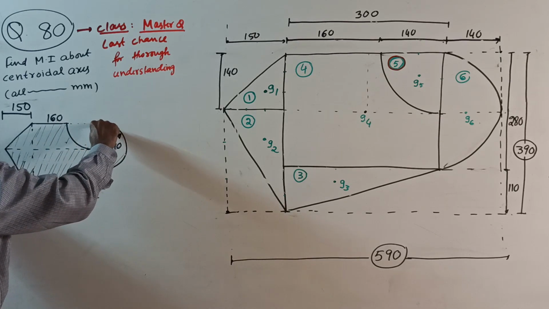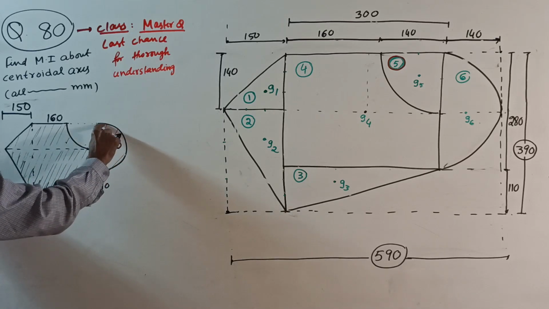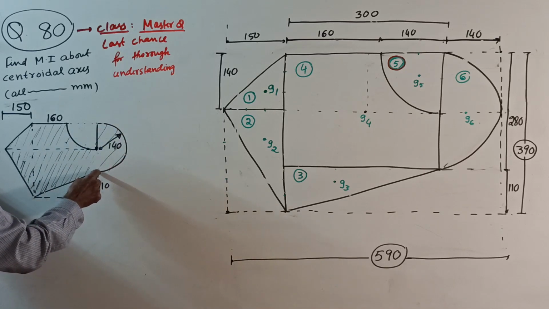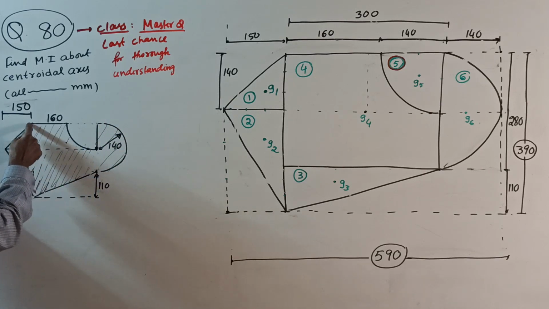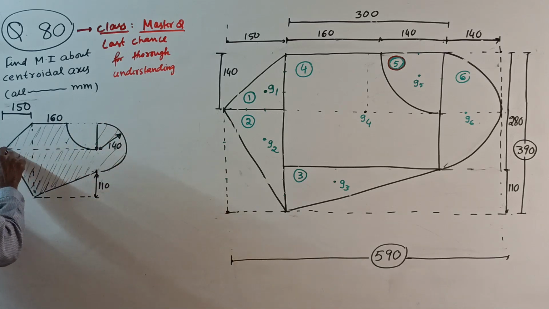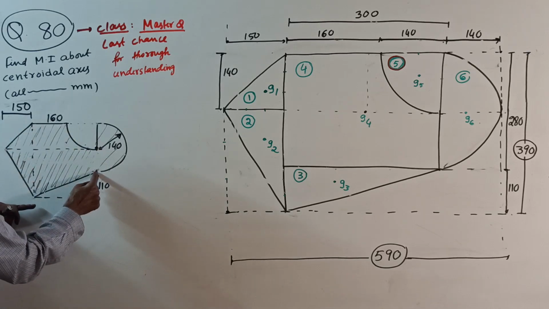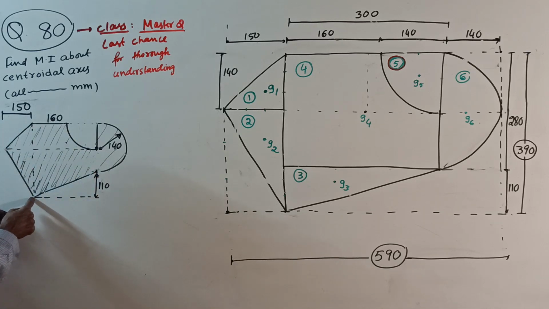The semicircle will come up somewhere here. Then this will come down by how much? Same level. This level and this level are the same. Then from here, 150 you go this way and 110 below this point will come.